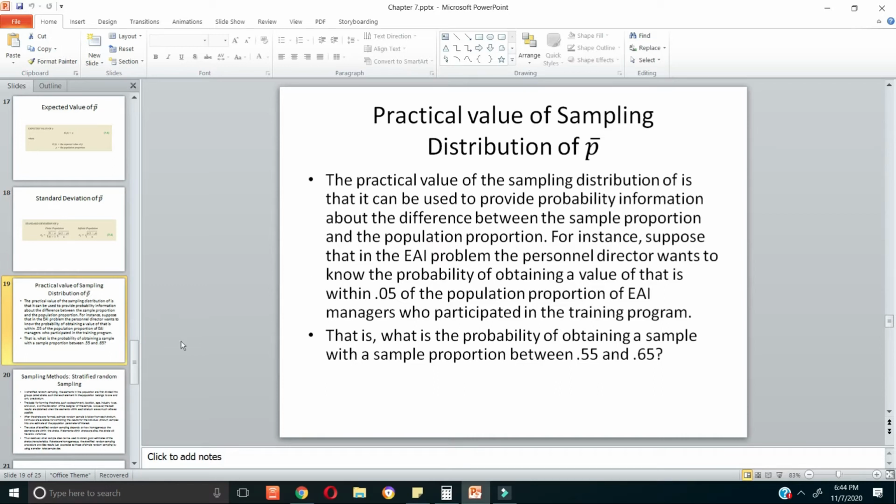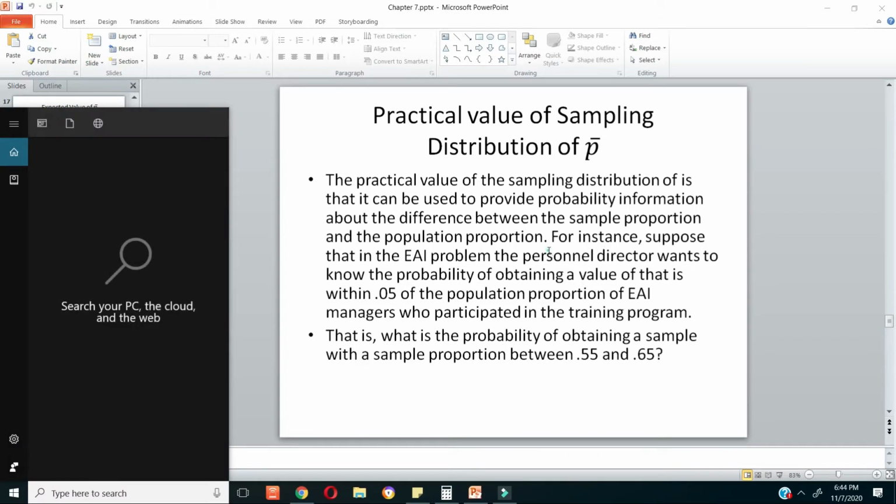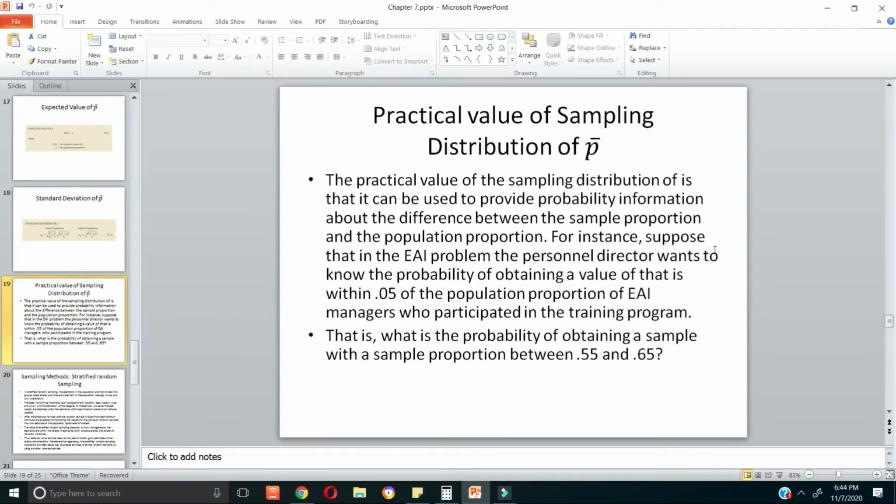I think the best thing to do here is a small calculation. We want to look at the problem that we had before.